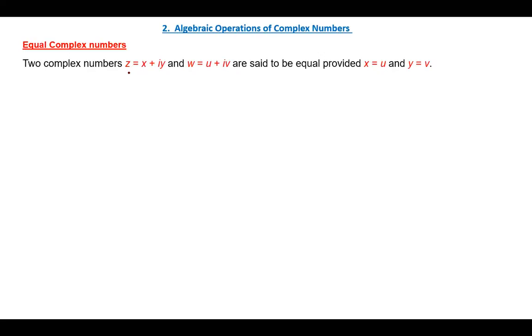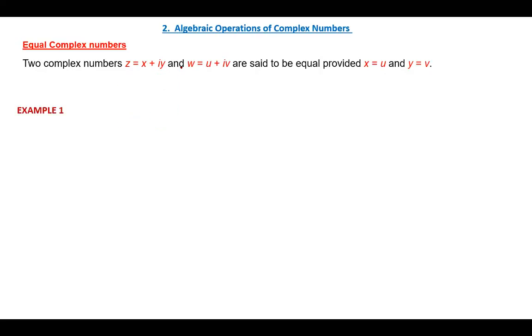So when you have Z equal to X plus iY, and W equal to U plus iV, if these two complex numbers are equal, it means that the real part of Z is equal to the real part of W, and the imaginary part of Z is also equal to the imaginary part of W. When you have such things happening, note that the complex numbers are equal.